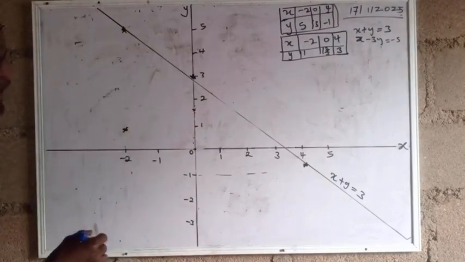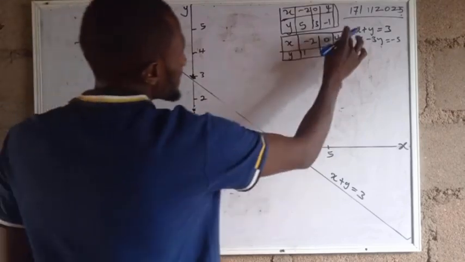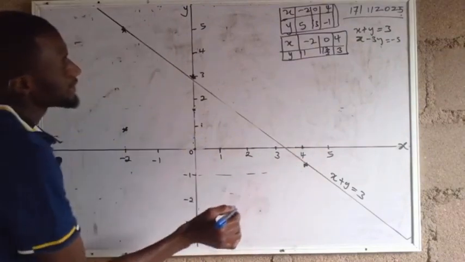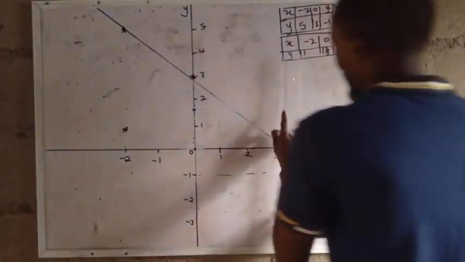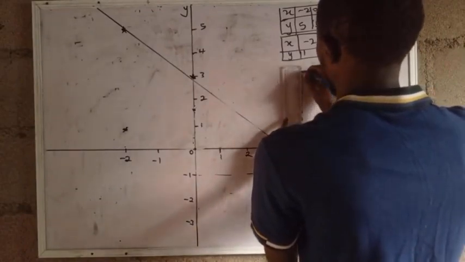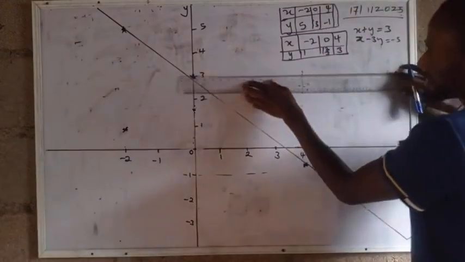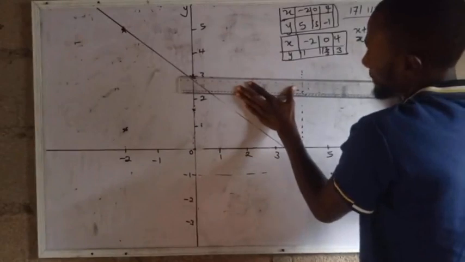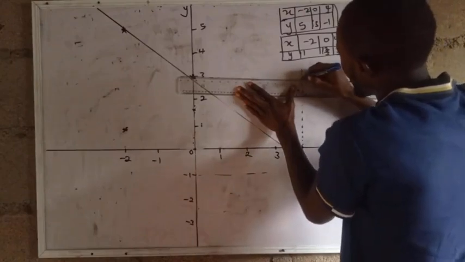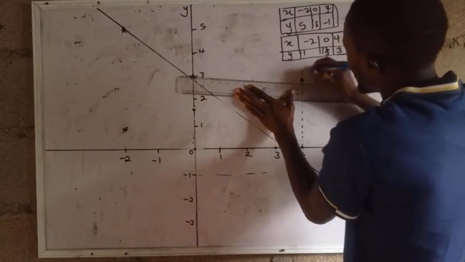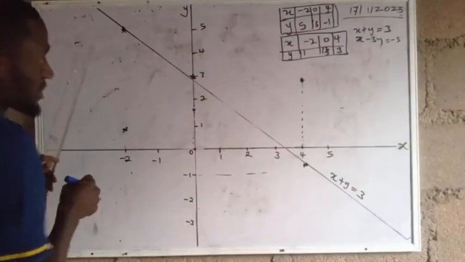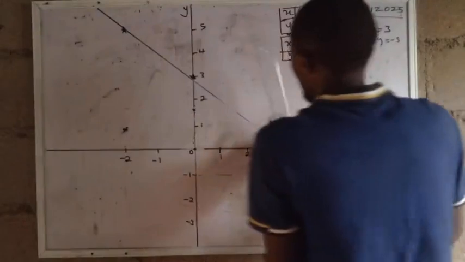Then when x is 4, then y is 3. When x is 4, then y is 3. And now we are done with the second graph.